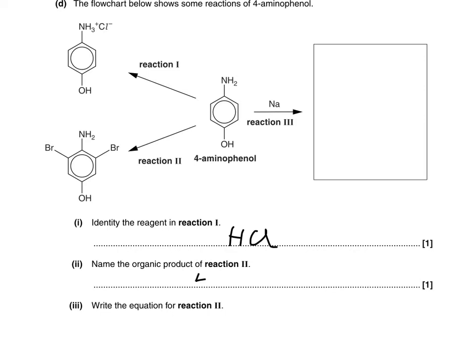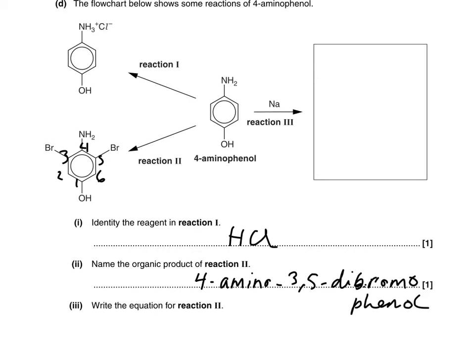So we can use our 4 amino, and then we have 1, 2, 3, 4, 5, 6. We have 2 bromines, and they are on the 3 and the 5, and it's 2 bromines, so that makes it dibromo. Sorry, quite hard to write on this. Dibromo phenol. If you can't read my handwriting, refer to the mark scheme.